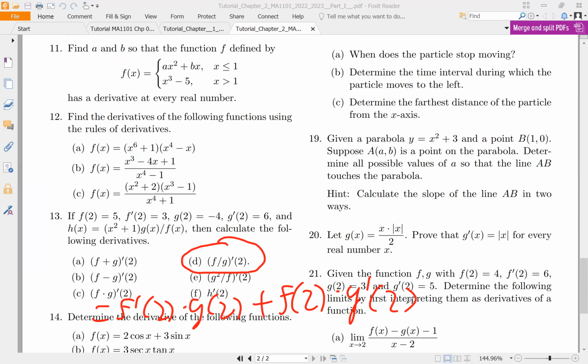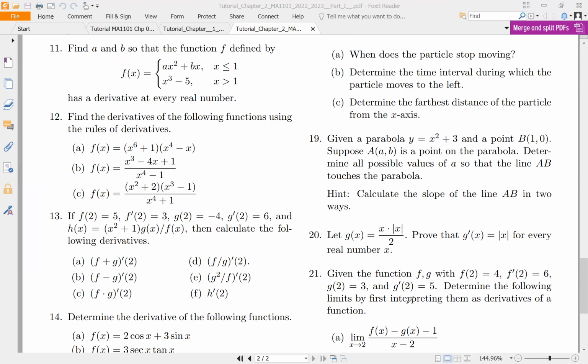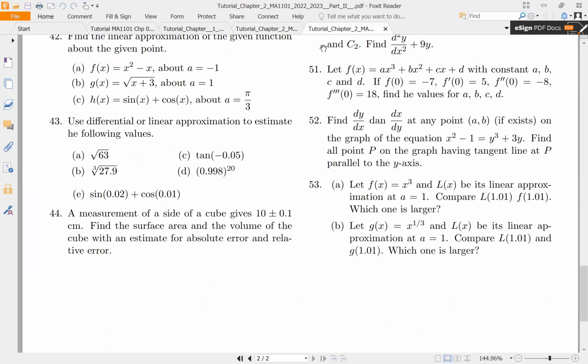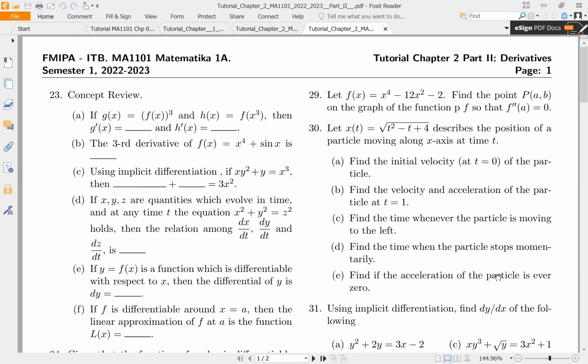An alternative question will involve another rule. For example, you have to combine this with the derivative of a trigonometric function. Where is the question related to the chain rule, for example?